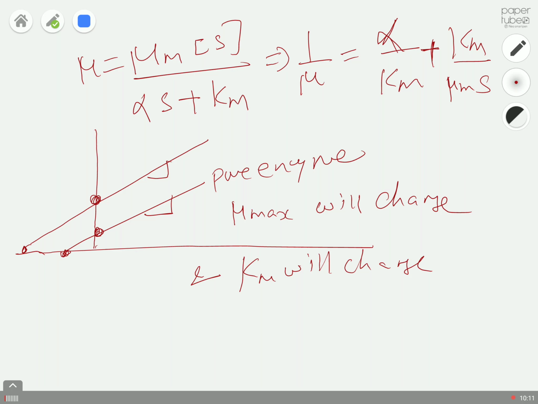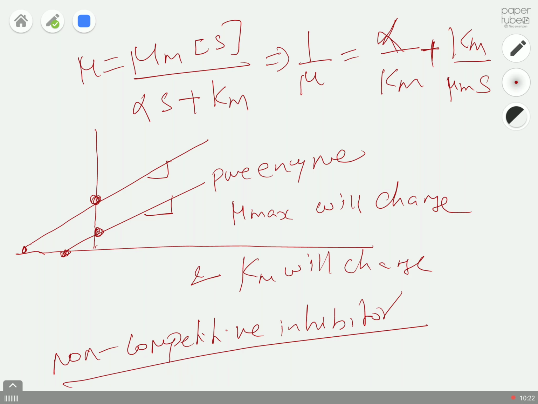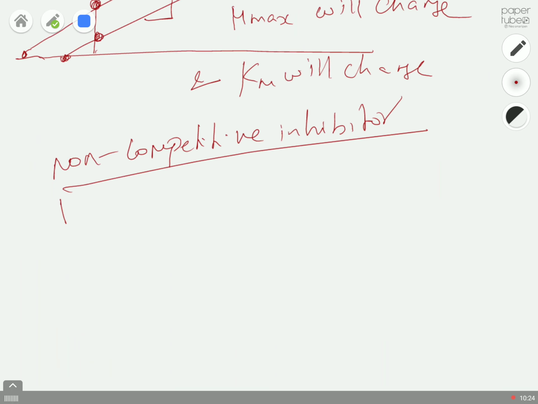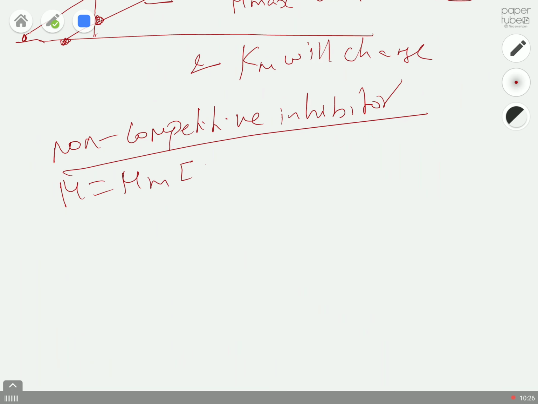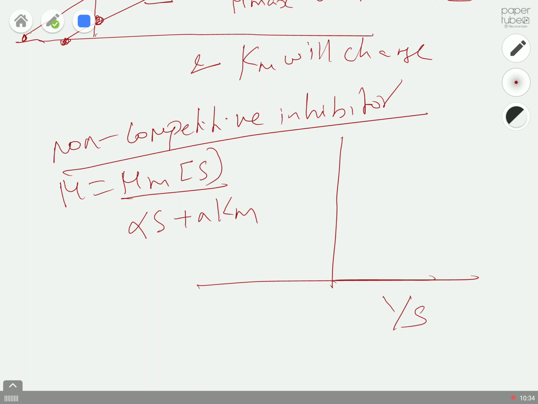And if you have a non-competitive inhibitor, that's the equation, mu m s over alpha s plus alpha Km. So all you need is to plot 1 by substrate versus 1 by mu. You will get something like this.